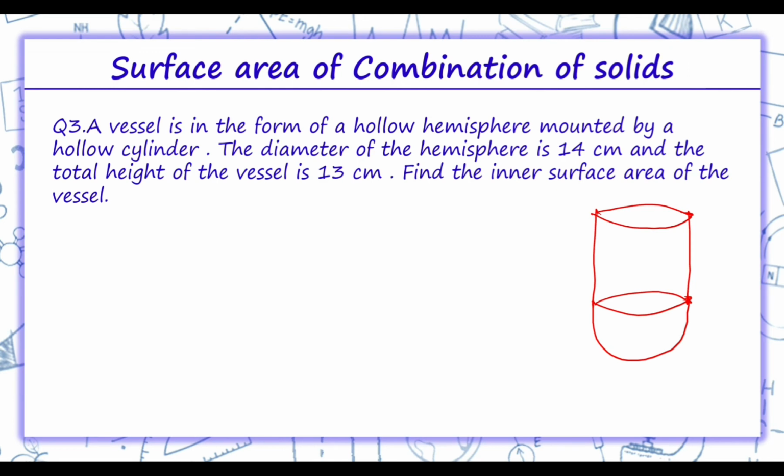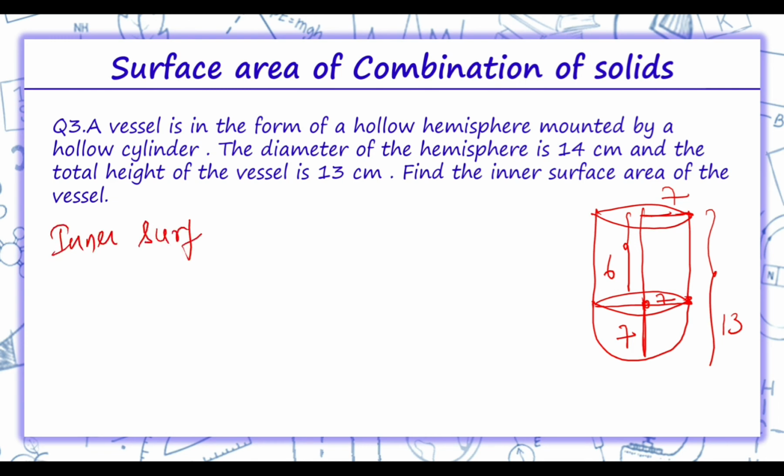So we are provided the diameter of hemisphere is 14. That means radius is 7. So this height will also be 7. Total height is 13. So obviously now this height will be 6. This radius is again 7. So we have to find the inner surface area of the vessel.